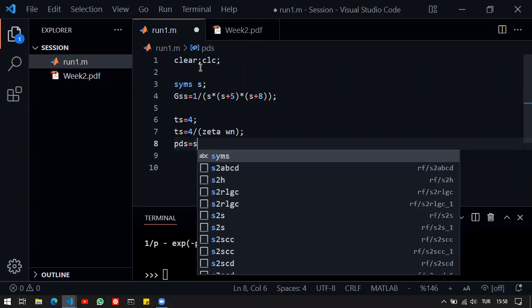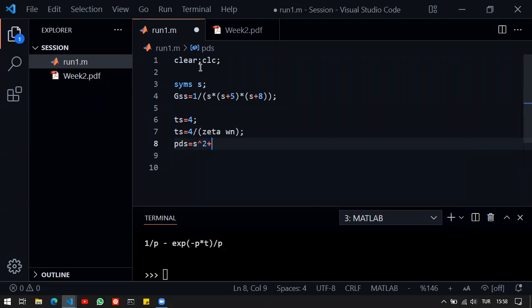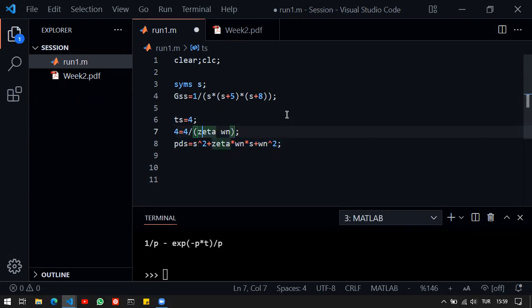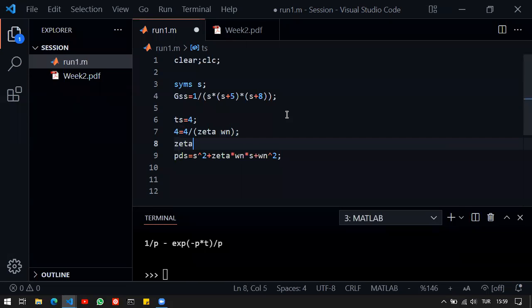Let's also write down our second order polynomial that we will use over and over again. So this was the polynomial. And the only thing that we know, or the only thing that this gives us, is that the zeta times omega n multiplication should be equal to 1.